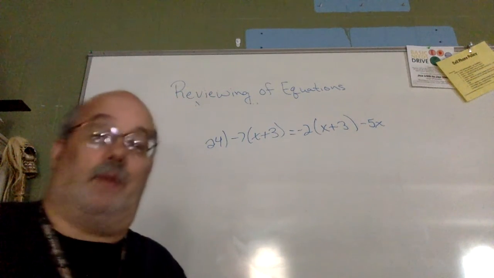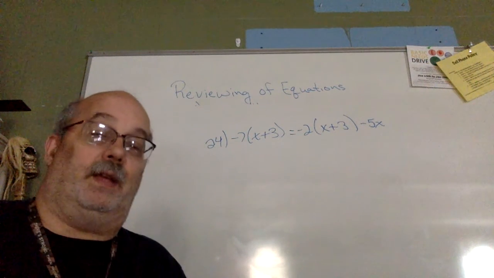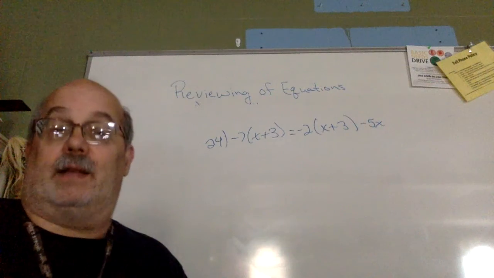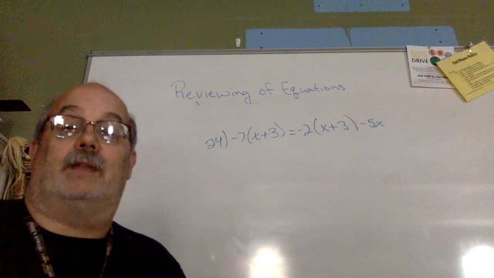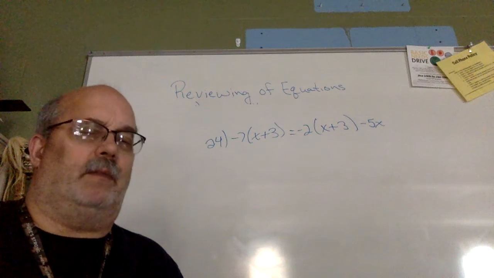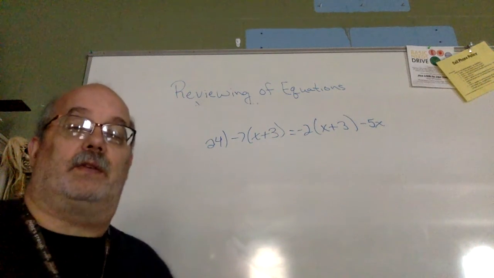We have parentheses. We look inside. The first one has x plus 3, and one has an x, one does not. Can't do anything. The other one is an x plus 3. Sounds familiar. We still can't do anything there. So we need to distribute.